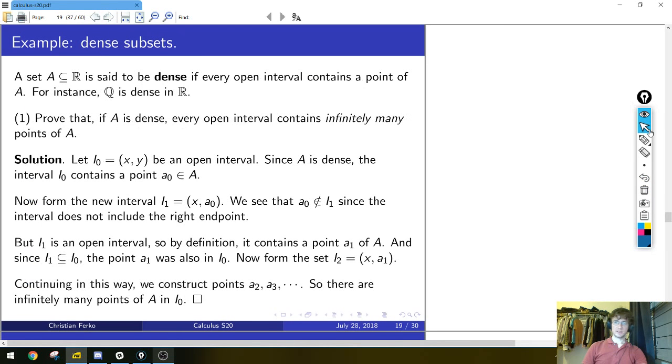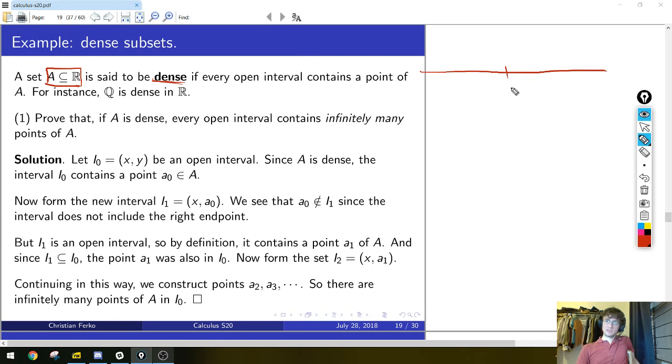Here is an example. I will do a proof for you, and then there will be challenges. The first part has nothing to do with continuity. It's just getting intuition for the definition. Here's a new definition. A subset of the reals, a set A, is said to be dense if every open interval of the reals contains a point of A. So what does that mean?